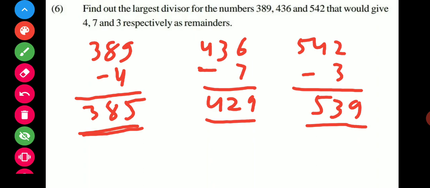Now we have to find the HCF of these numbers. So how can we do this? You have 3 numbers: 385, the second number is 429 and the third number is 539.